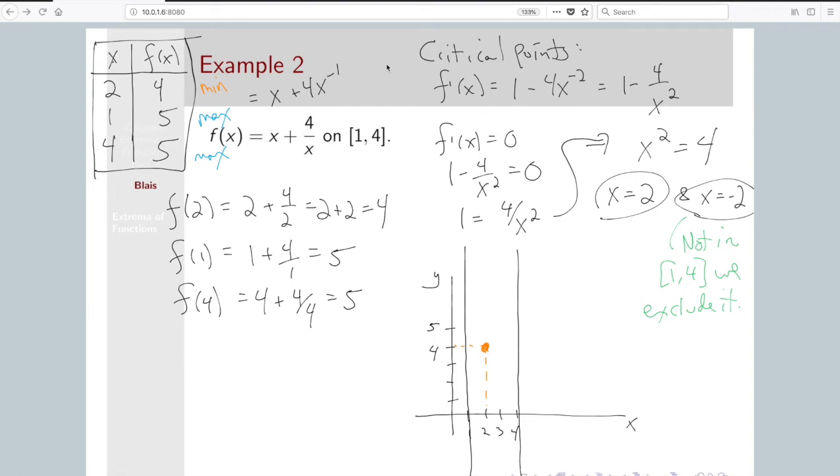So on that interval, the minimum occurs at this point at x equals 2. We have a min value of 4. And then we have maximum values of 5 at x equals 1 and x equals 4, the endpoints. So our function looks something like this on that interval.